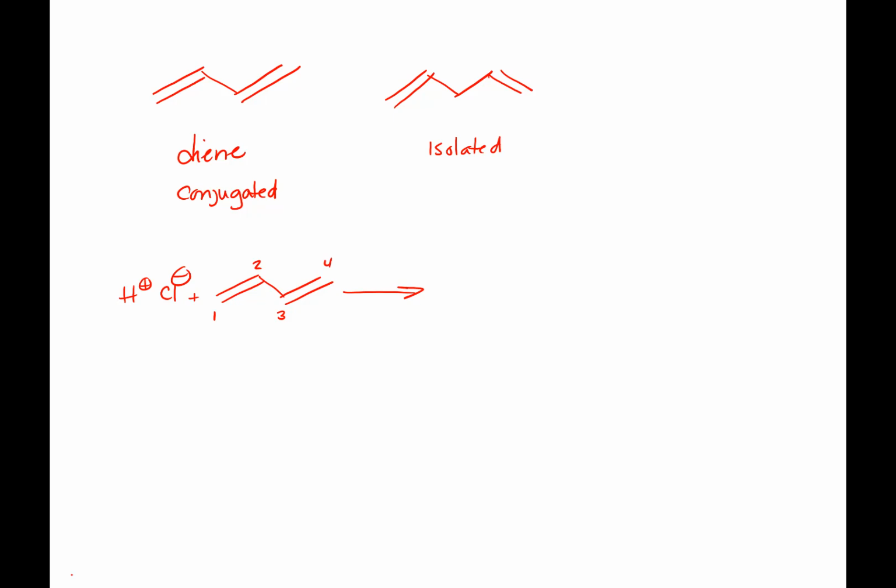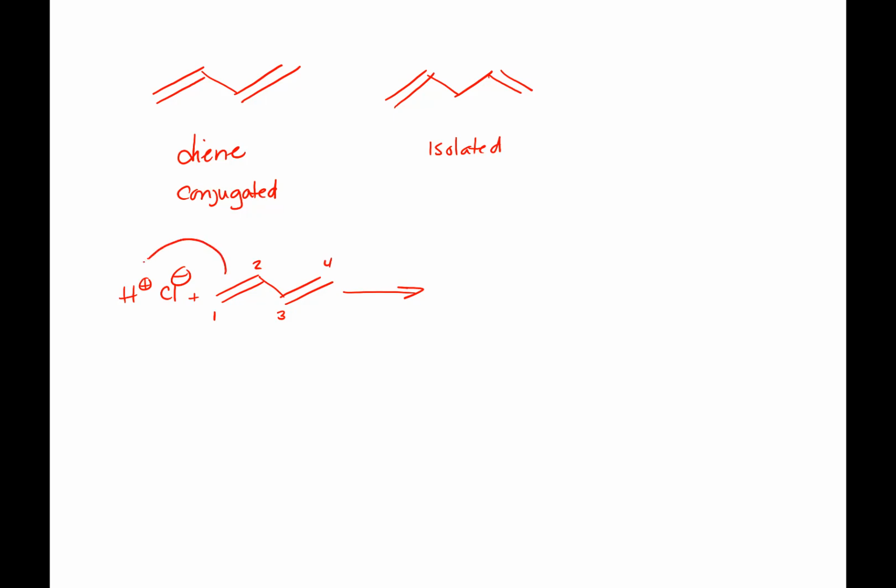So either add it to carbon 1 or carbon 4. The second rule is never add in the middle, which is basically just rule number 1. Okay, so I'm going to add the H plus to carbon 1. It doesn't matter because this is a symmetrical diene.